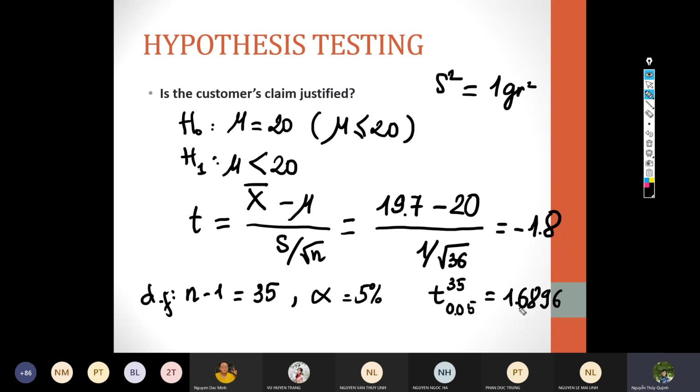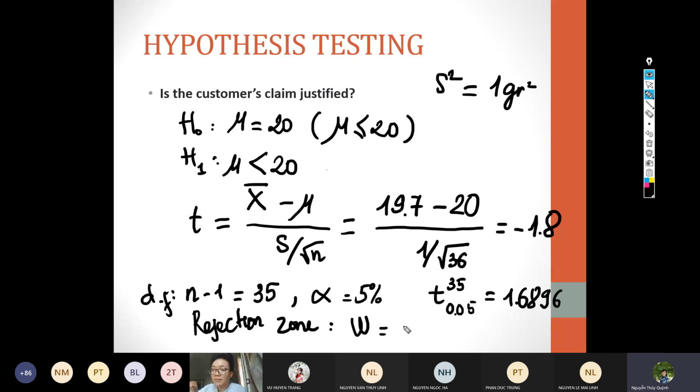All right. The next step is to determine the rejection zone. What is it? This one is a left-sided test. What is the rejection zone for this test?